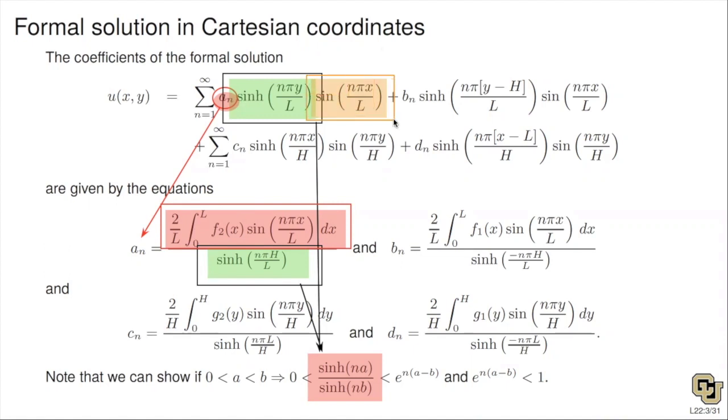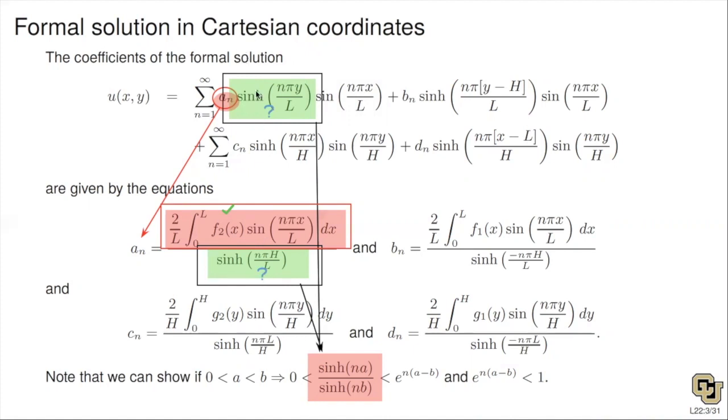This part is not an issue. It's the a sub n and the sinh terms I need to know about. As long as f2 is piecewise smooth, there's no problem with the numerator. The issue is this sinh n pi y over L term divided by the sinh n pi h over L.